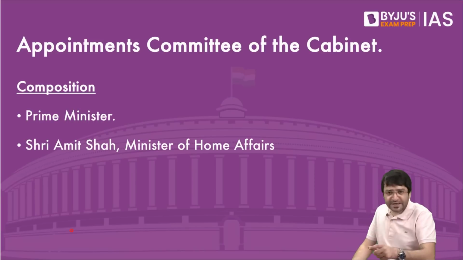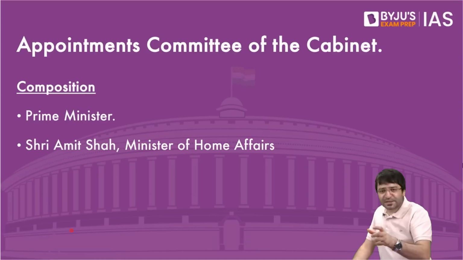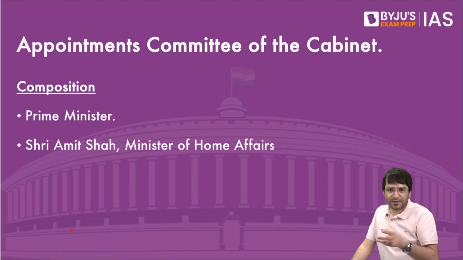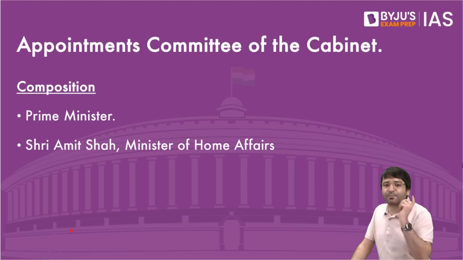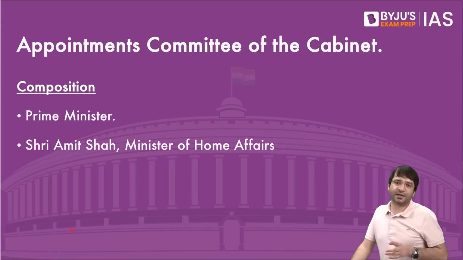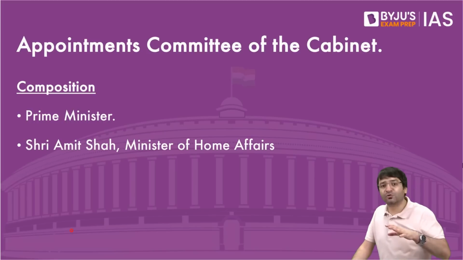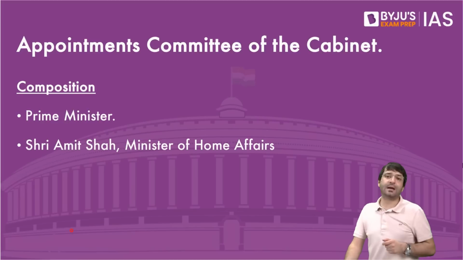Which are these 8 cabinet committees? Let's discuss. Who is the chairperson of this cabinet committee? If Prime Minister is a member of this cabinet committee, Prime Minister becomes the chairperson of this committee. But if Prime Minister is not a member, then who is the chairperson of that committee? That you will have to identify. And also, what is going to be the purpose of this cabinet committee?